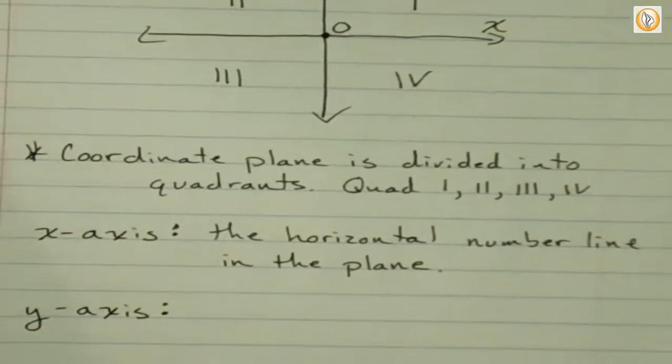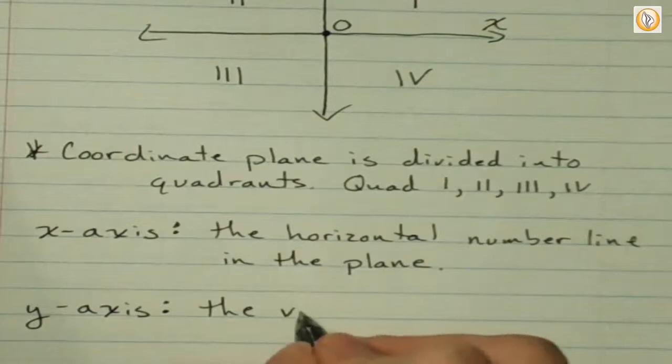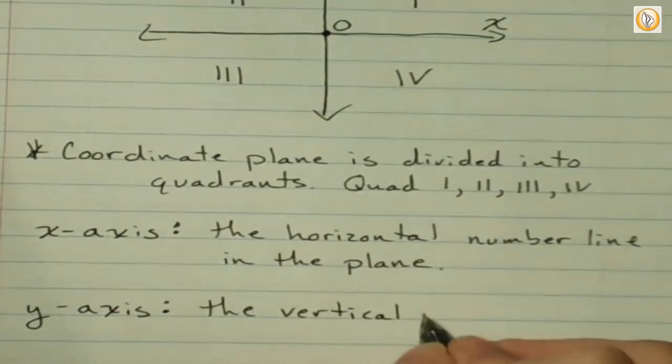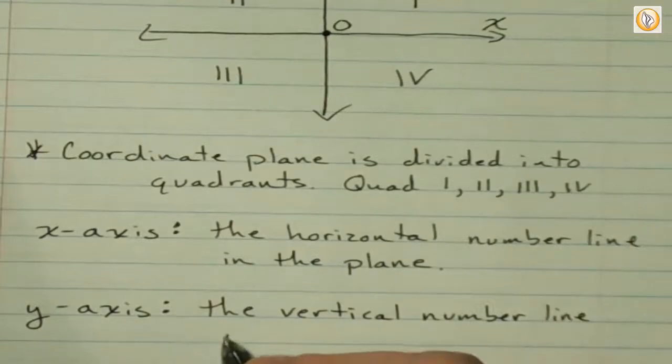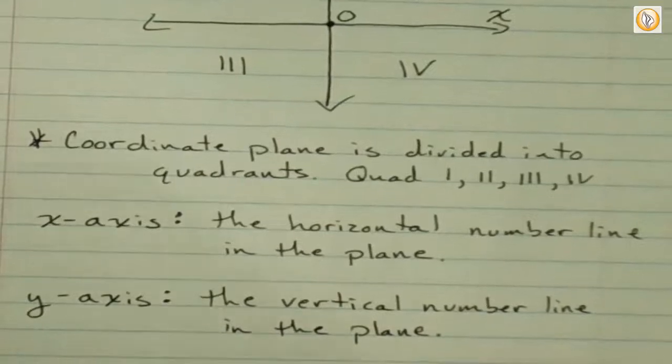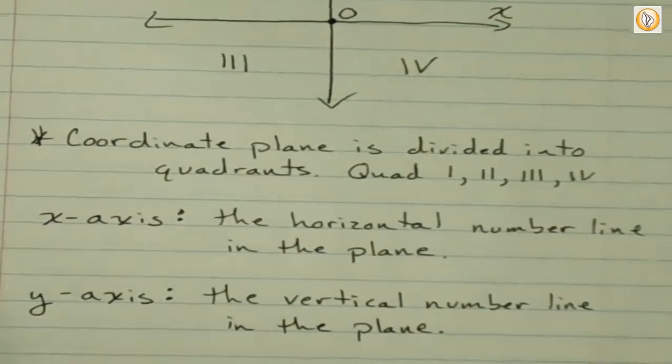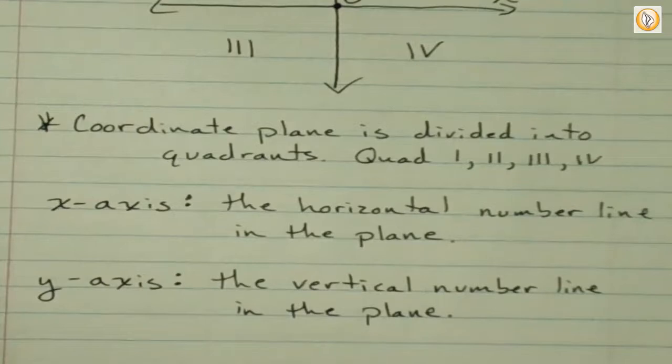Make sure you have all this written down, is the vertical number line in the plane. The z-axis. Once you have this written down, put your pencil or pen down so that I know that you're done.